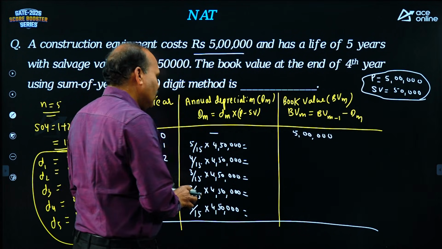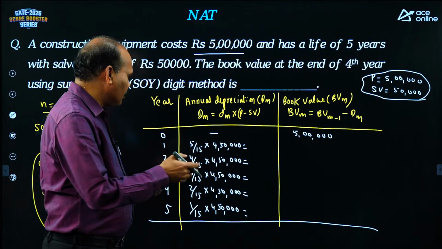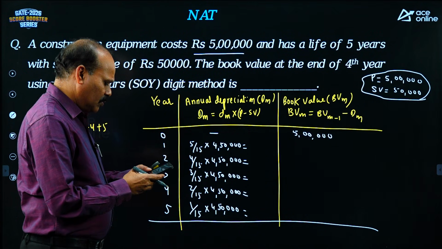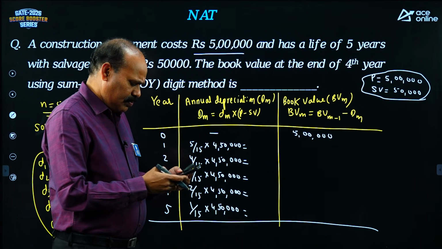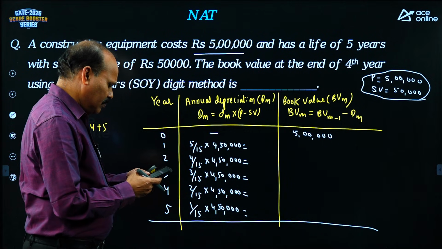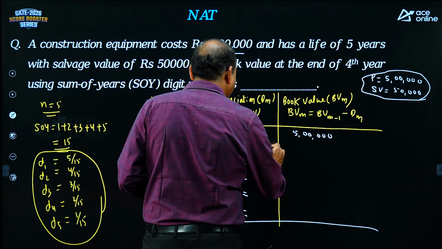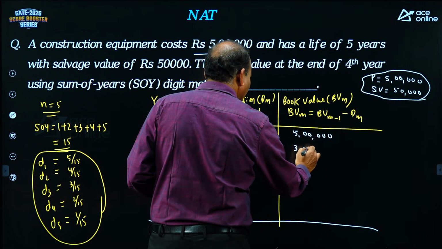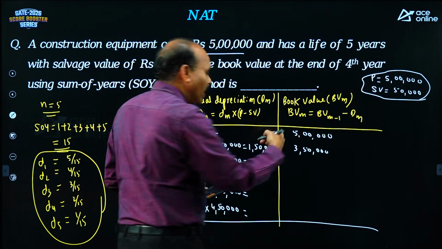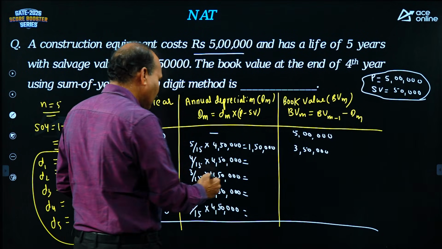Then once you get this, easily we can get the depreciation. 4,50,000. 30,000 into 5, 1,50,000. So 5 lakhs minus 1,50,000 is 3,50,000.